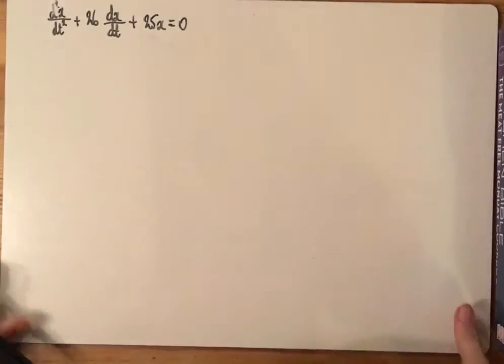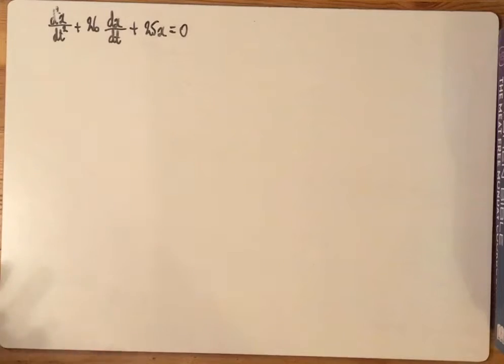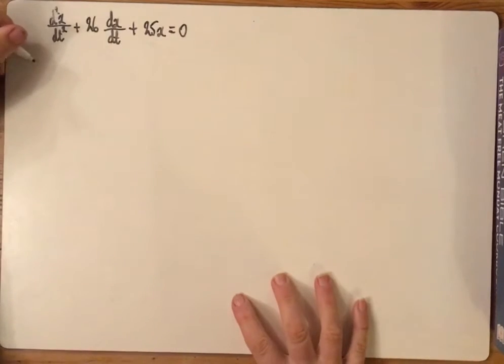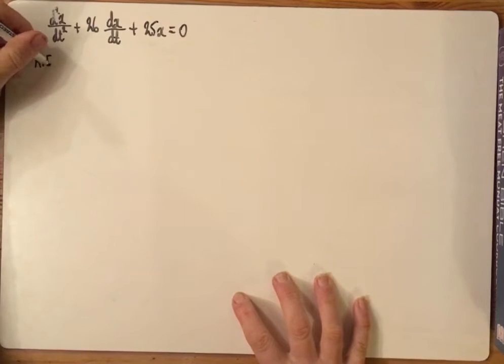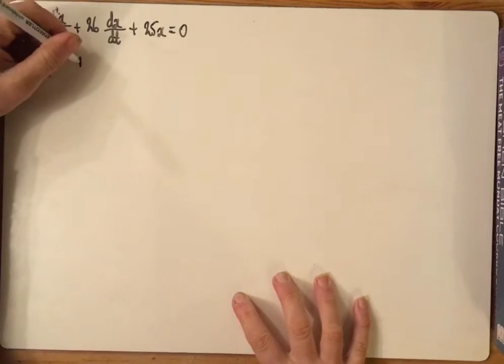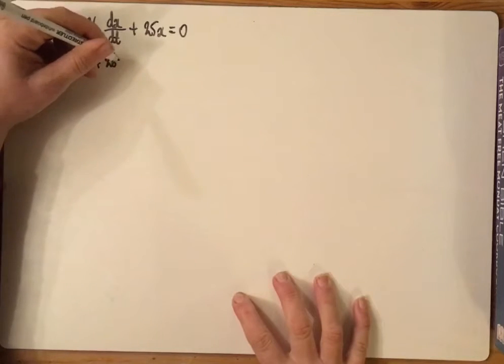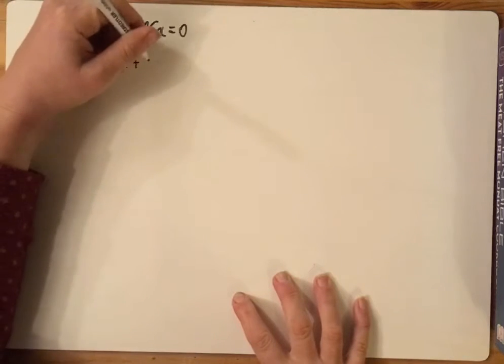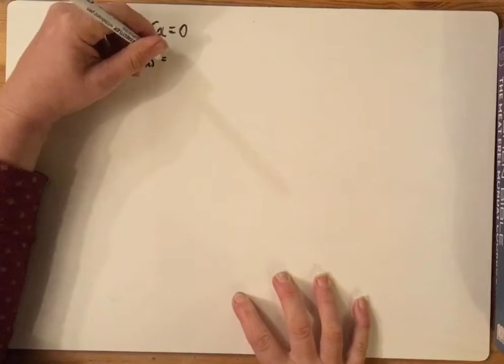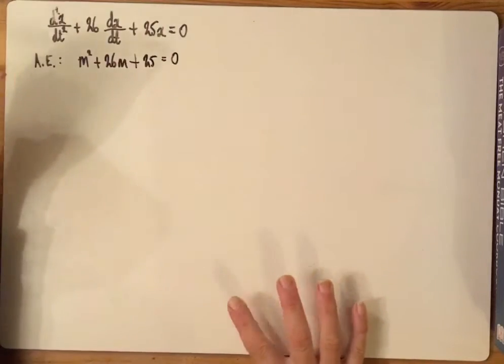When k is 26, we get this equation here. Solving these isn't too bad. You've done a lot of this, as you know. So the auxiliary equation is m squared plus 26m plus 25 equals 0.